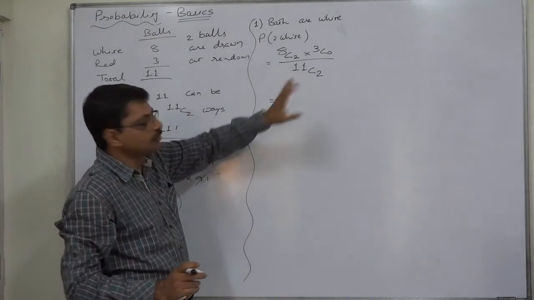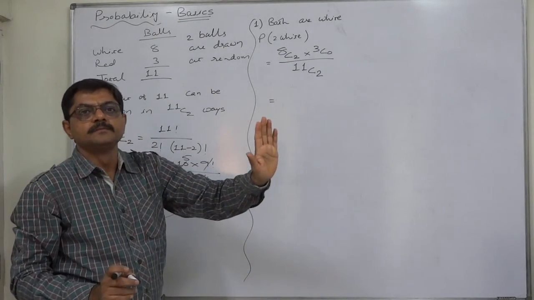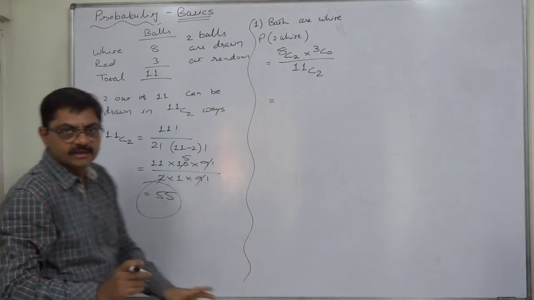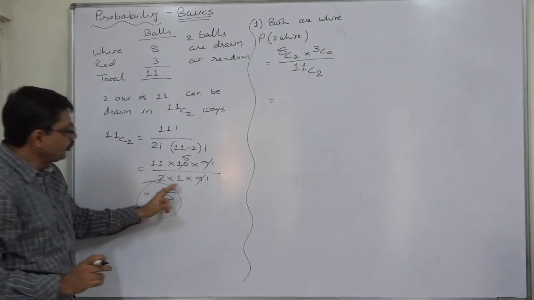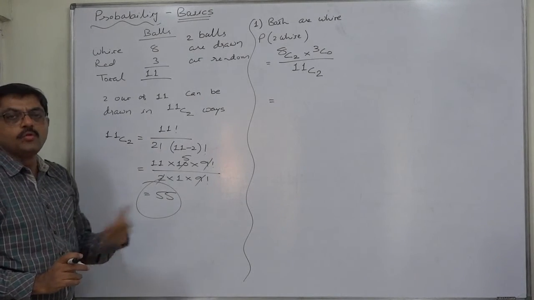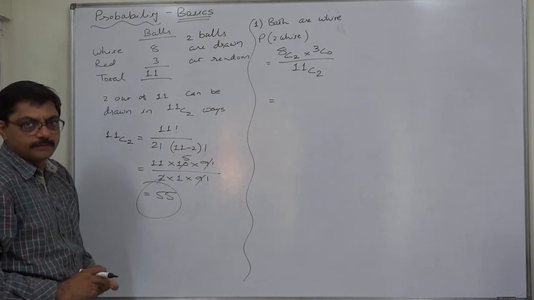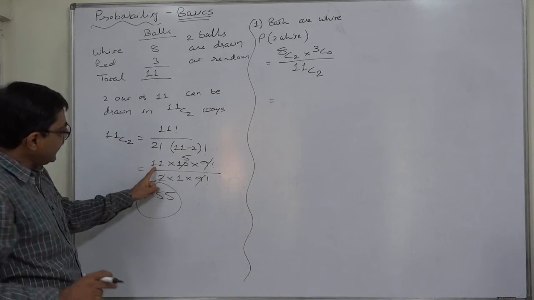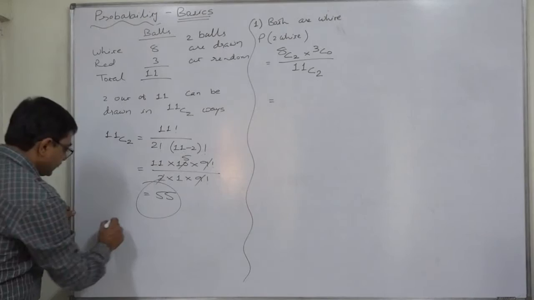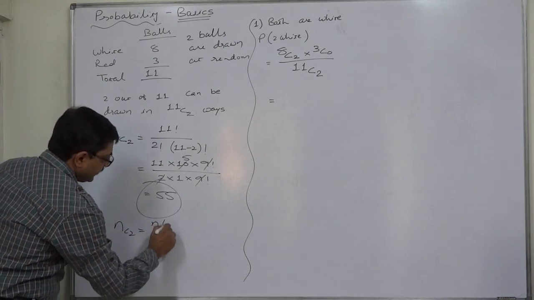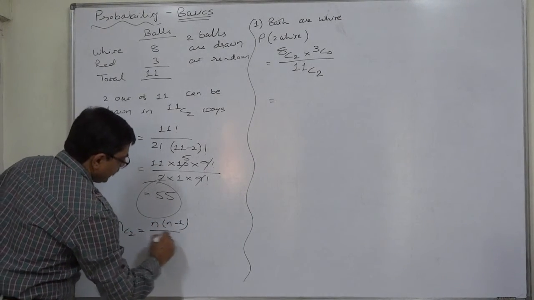So for 8, 8 minus 2, 6 factorial will be cancelled from the numerator as well as denominator. So there will be 8 into 7 in the numerator and 2 into 1 in the denominator. 2 can be cancelled with 8 by 4. So n into n minus 1 divided by 2. nC2 equals n into n minus 1 divided by 2.